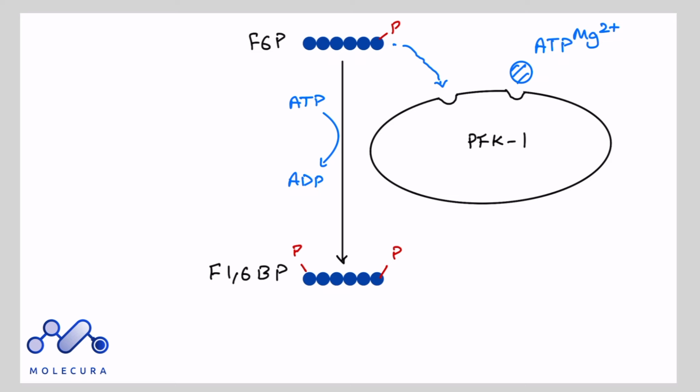Now what about the allosteric sites that we talked about? PFK1 is going to have 4 allosteric sites. What are allosteric sites? We have talked about it in the video on enzymes, which you can find on the biochemistry playlist.